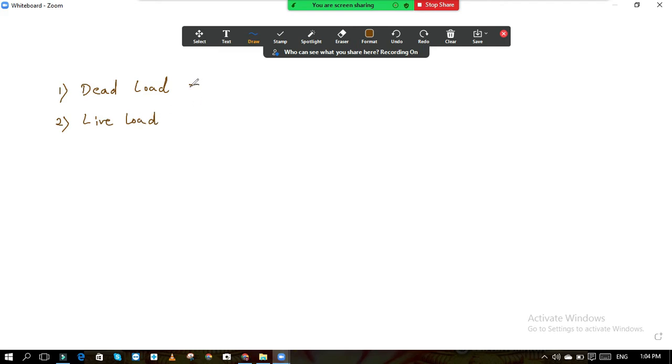In dead load, we consider the weight of waist slab. Next in dead load, weight of steps, and third is floor finish.